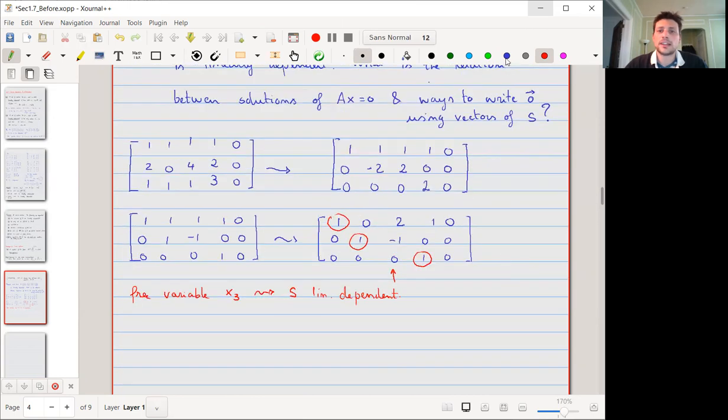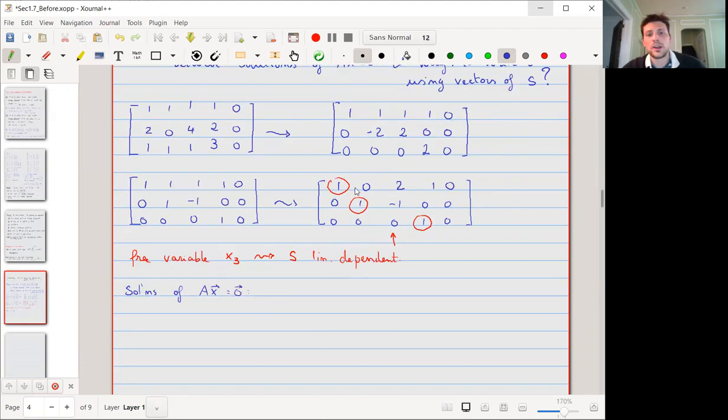Now let's have a look at the set of solutions of AX equals 0. So the solutions here are as follows. By just reading the rows of the reduced row echelon form, we have that x1 has to be -2x3.